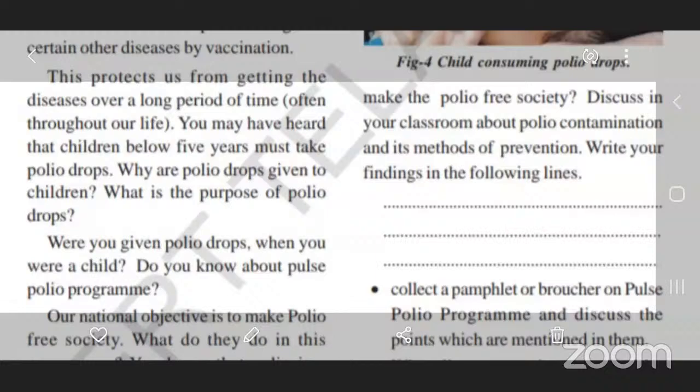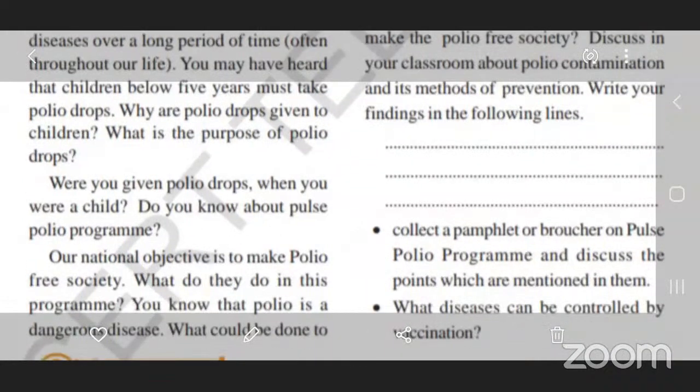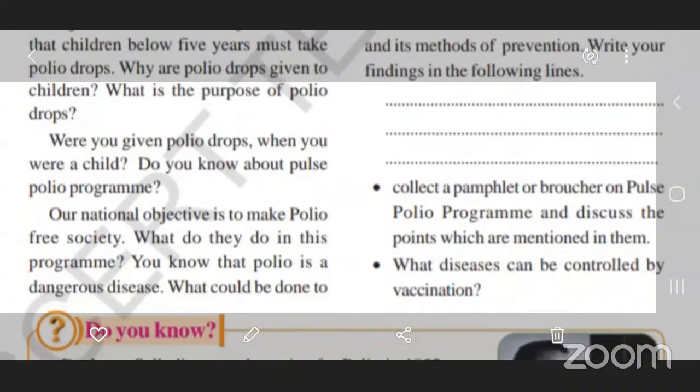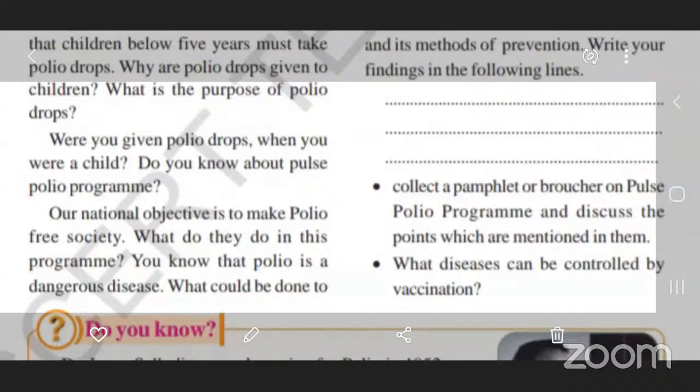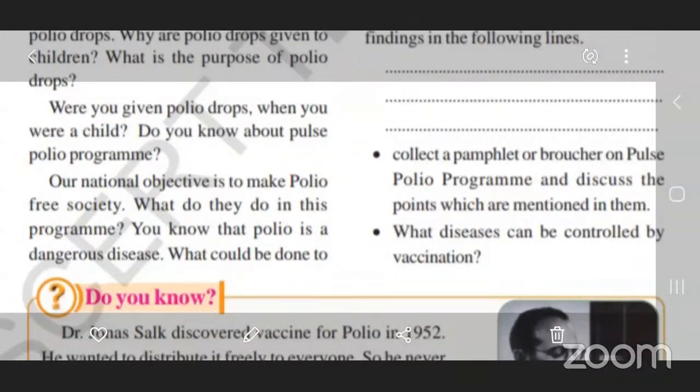What is the purpose of polio drops? When you were a child, did you take polio drops? Do you know about the pulse polio program? So you know already, the Polio Advaram pulse polio program.